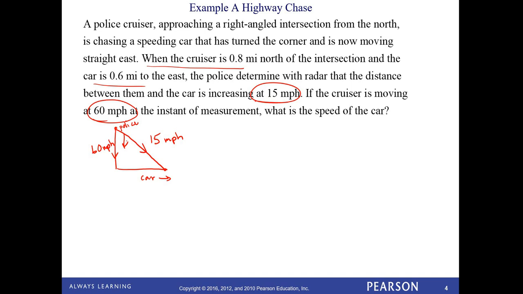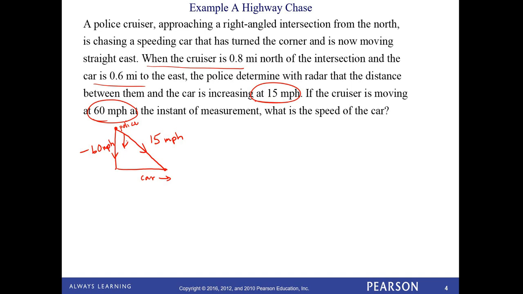If something is moving down, in other words, the distance from the police to this corner is decreasing, we need to make this negative. They will not put that in the body of the problem. You have to know based on whether the thing that is being measured, in this case miles, is getting smaller or larger.